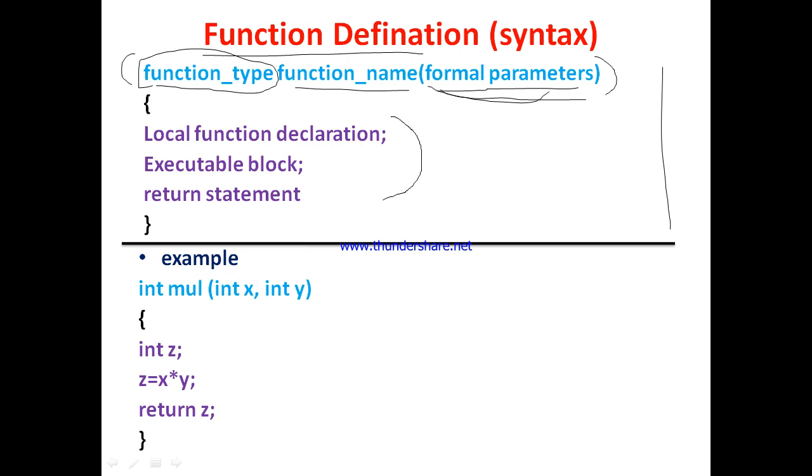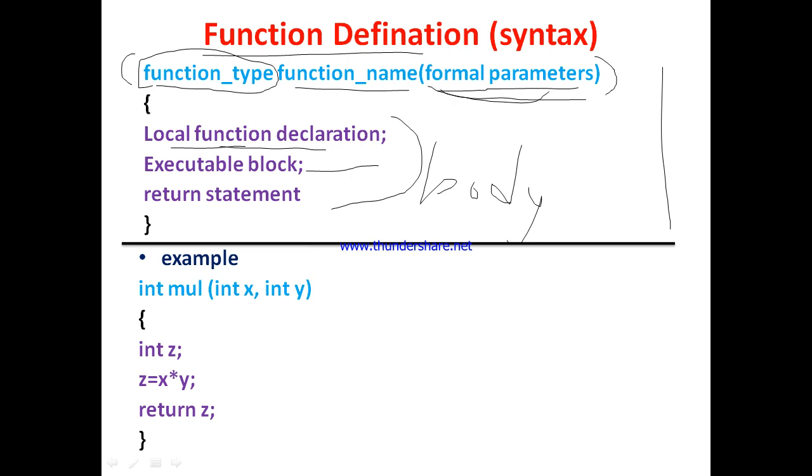The next part, inside the function, is called the function body. The function body again has three subparts. The first subpart is the local function declaration: the variables which are declared inside the function. Then the executable block, which contains one or more statements performing the actual task of the function.